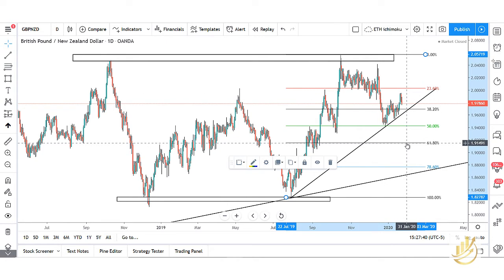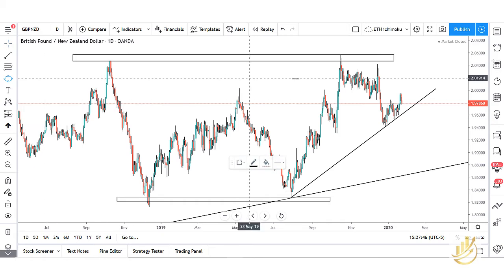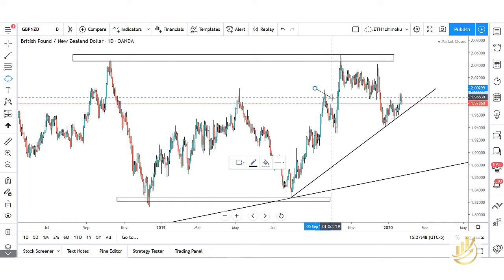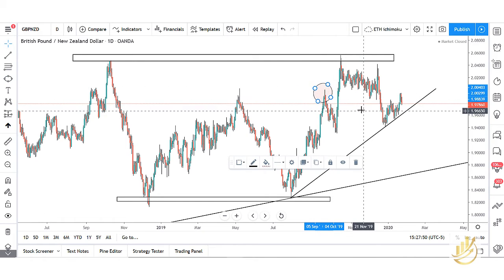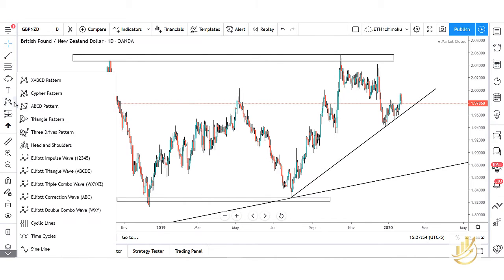If I draw a few more things, I will draw the pattern itself.